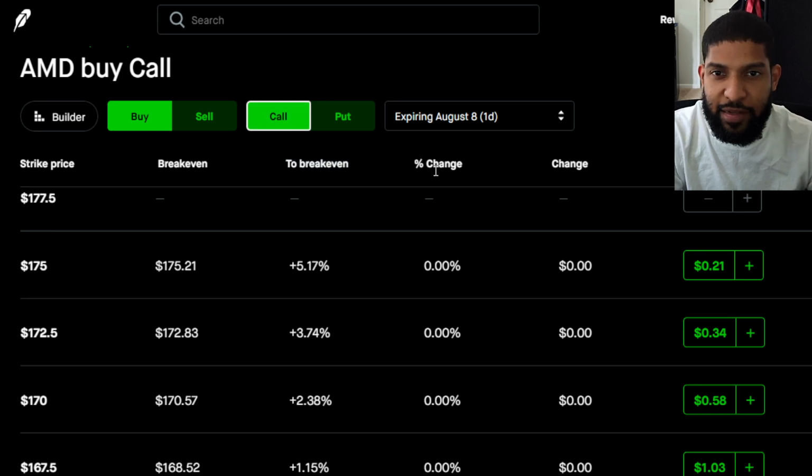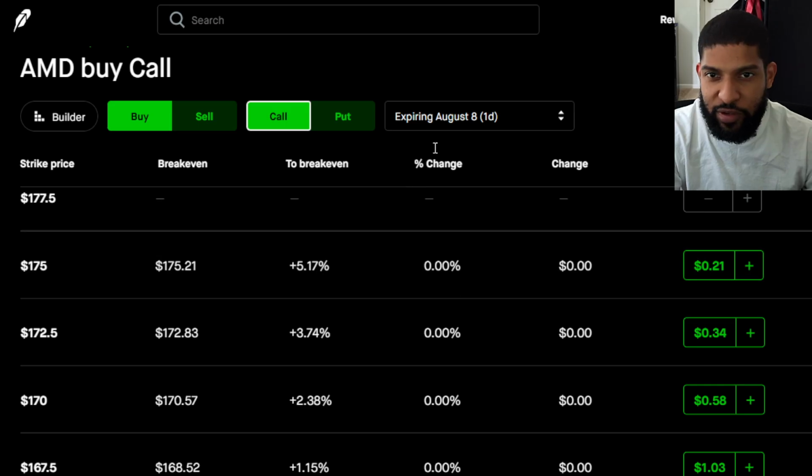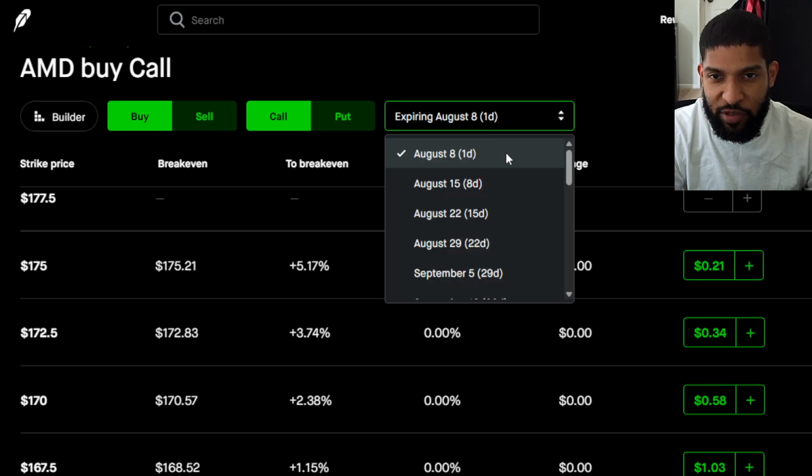So call is highlighted. Now the expiration date, obviously, if you were to buy any contract and you select the expiration date for tomorrow, it's going to expire tomorrow. Now you could adjust the expiration date as you see fit.